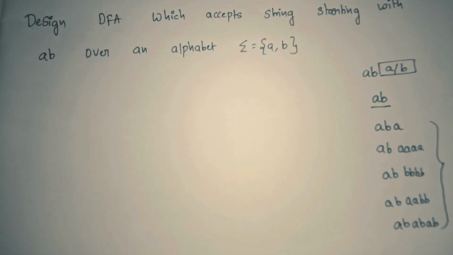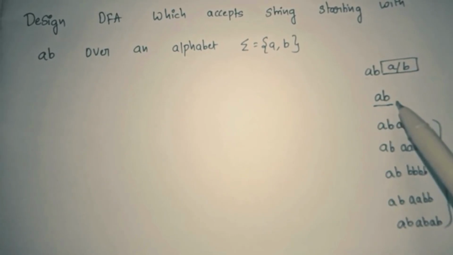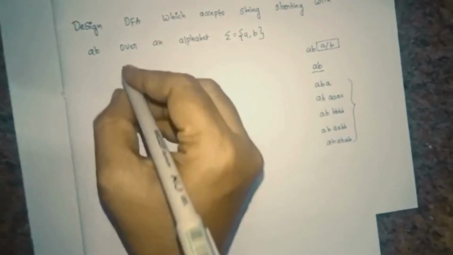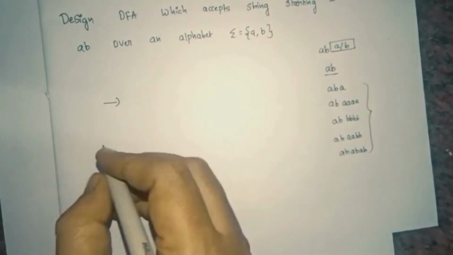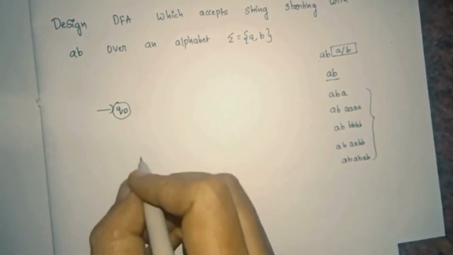So these are the sample strings. Now, considering AB as the basic string, we will try to design the finite automata. Start from the initial state Q0.